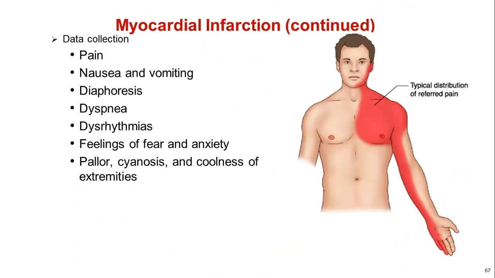And this pain stays longer than 30 minutes. Keep in mind how to differentiate it from angina: the MI pain is not relieved by rest, not relieved by nitroglycerin, right?